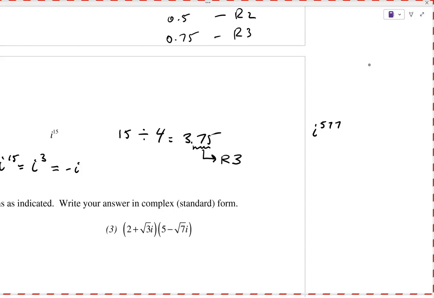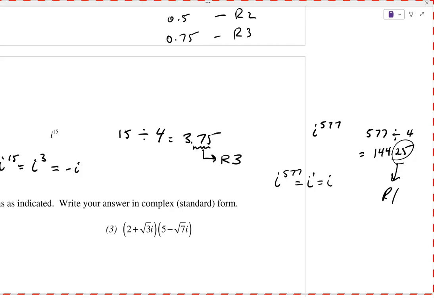Anytime you want to do i to a power and simplify it, first step is to divide it by 4. 577 divided by 4 equals 144.25. What represents the remainder? The 0.25. That corresponds to a remainder of 1. So i to the 577th must be the same thing as i to the first power, which is just i. That's it for those. It's nice to be able to do that with your calculator.